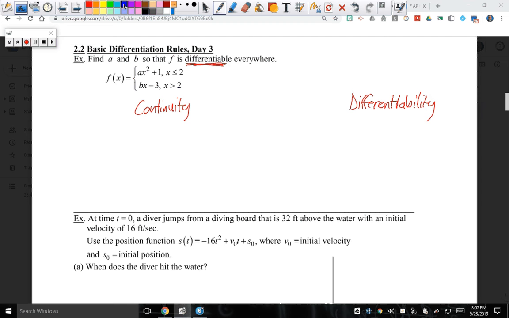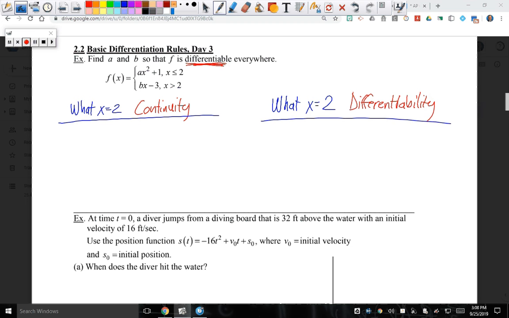Okay, so let's say what if x equaled what? 2. And what if x equaled what? Also 2. Nice. Okay? Here's my what if moment.